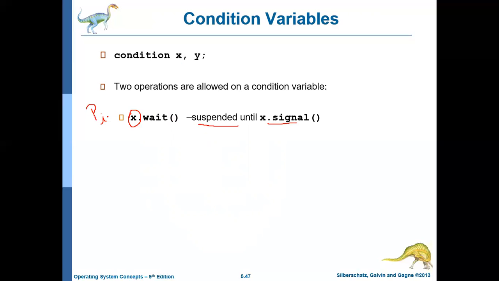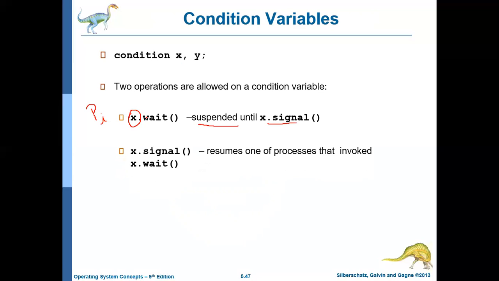But just now understand that if a process Pi calls wait on a shared variable x, then Pi will be suspended until some other process calls signal on x. When some other process calls signal on x, whichever process was waiting will wake up again.